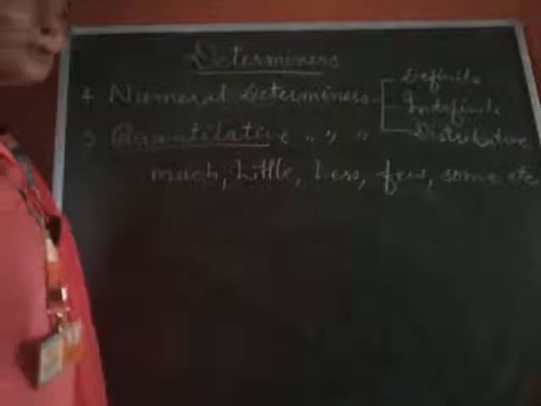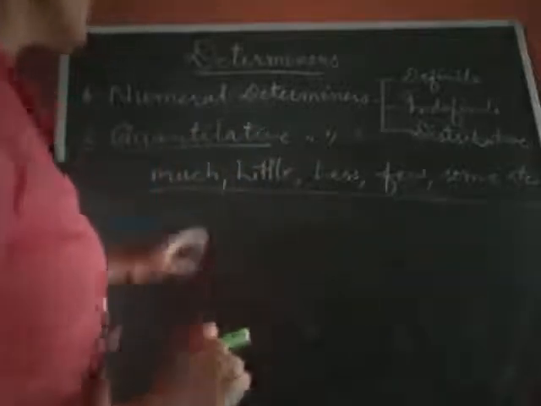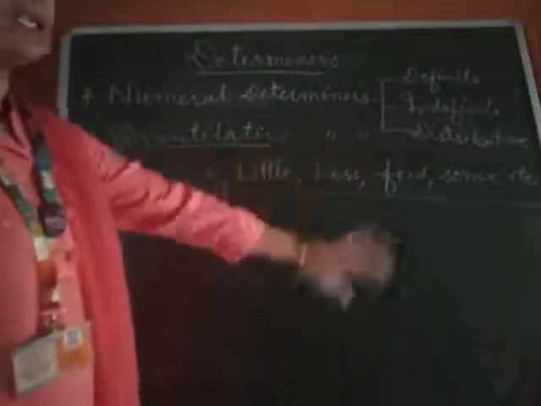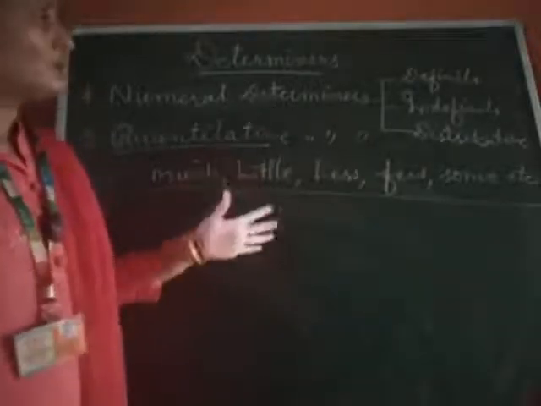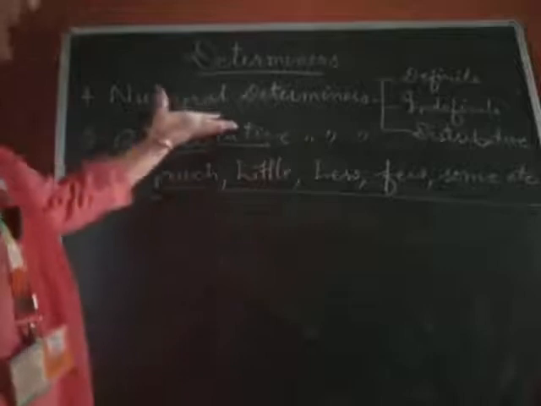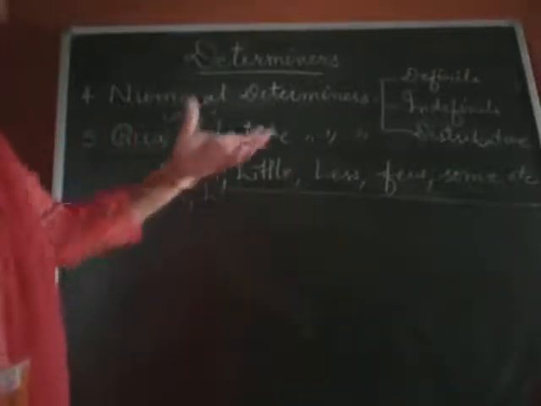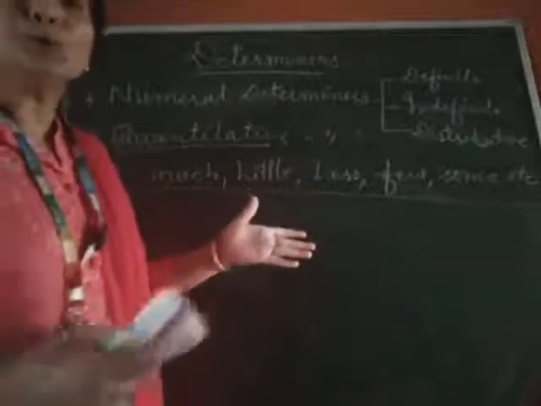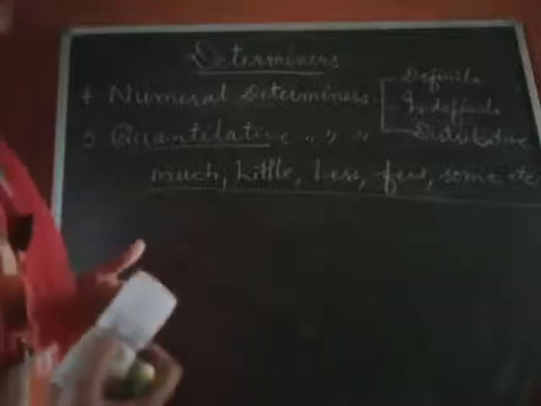Quantitative determiners are those determiners which show the quantity of that noun, like much, little, less, few also, some, half, and so on.